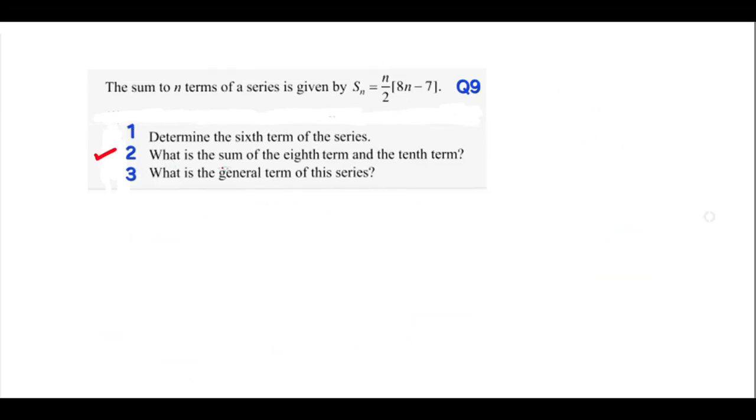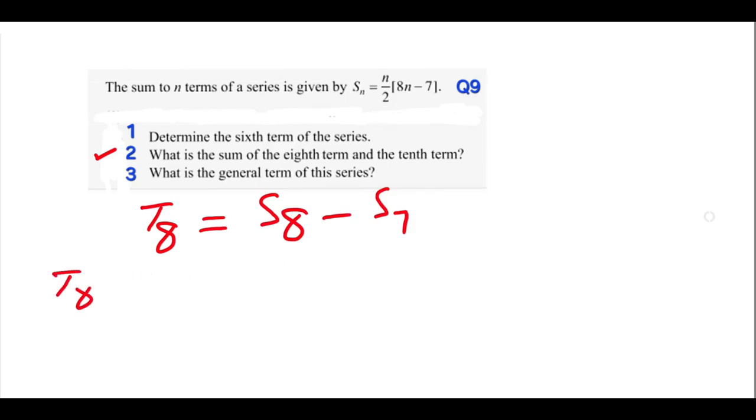Second question, he said, what is the sum of the 8th term and the 10th term? So again we first calculate the 8th term, and then we're going to calculate the 10th term. So first the 8th term. The T8 is going to be equal to S8 minus S7.